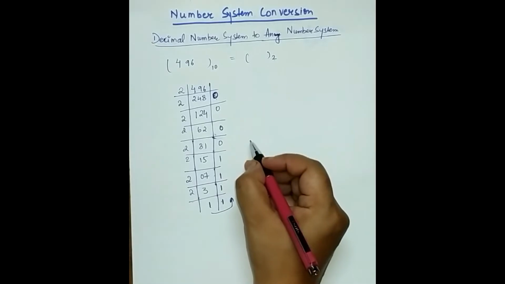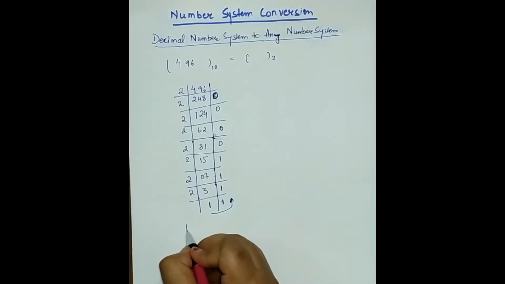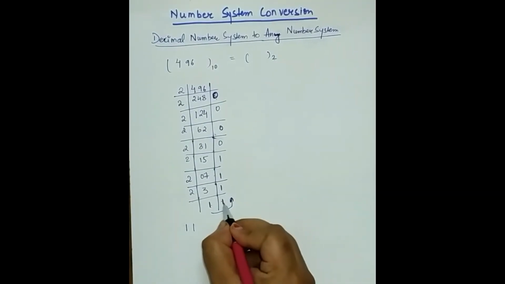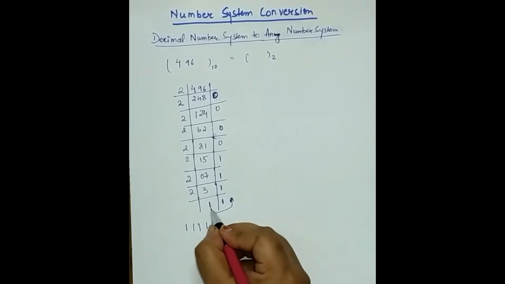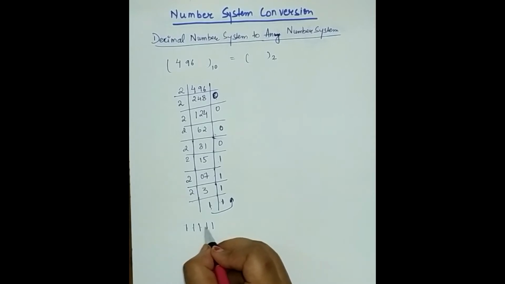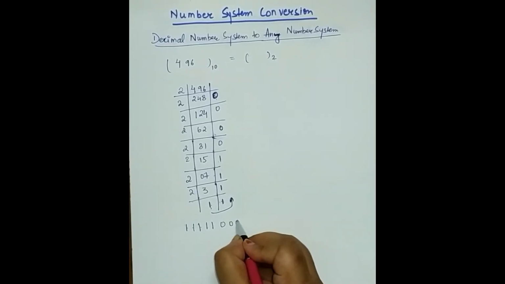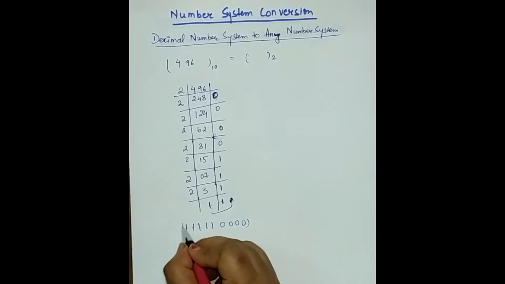So your answer will be five ones, then 0 0 0 0. This is your final answer, you will put it like this.